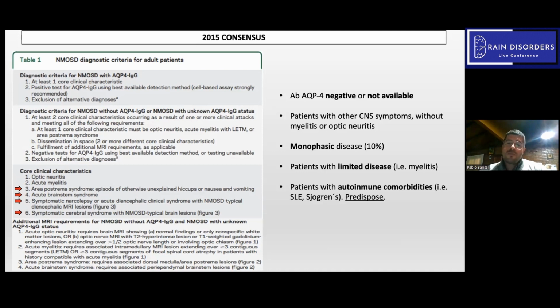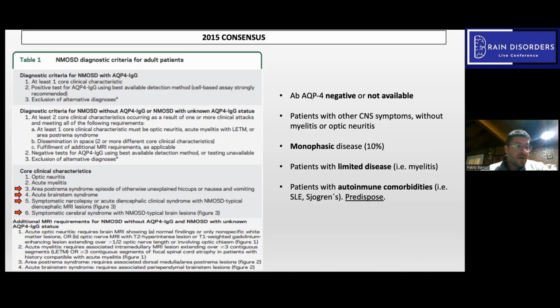So patients with other CNS symptoms, without myelitis or optic neuritis, a disease that could be monophasic in 10% of the patients. Patients with limited disease, like only myelitis or only optic neuritis. Patients with autoimmune comorbidities, like lupus or Sjogren's, are predisposed to have this disease.